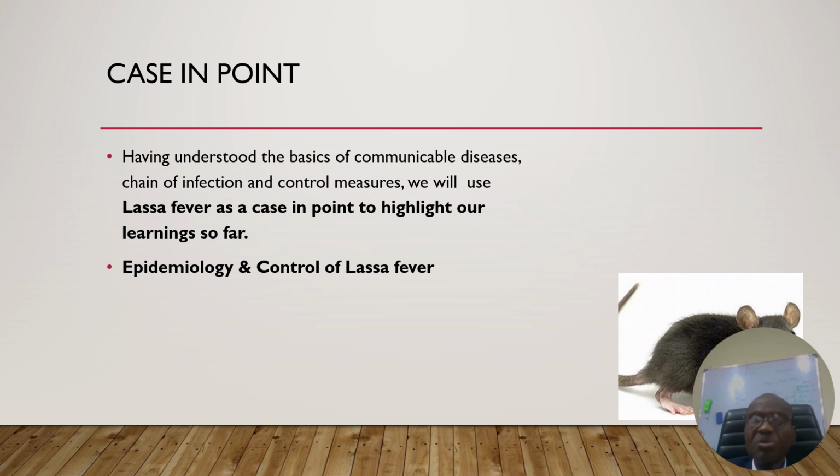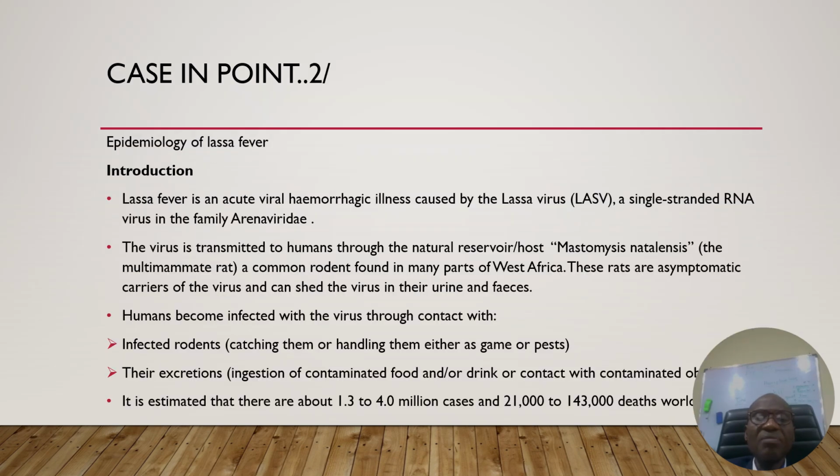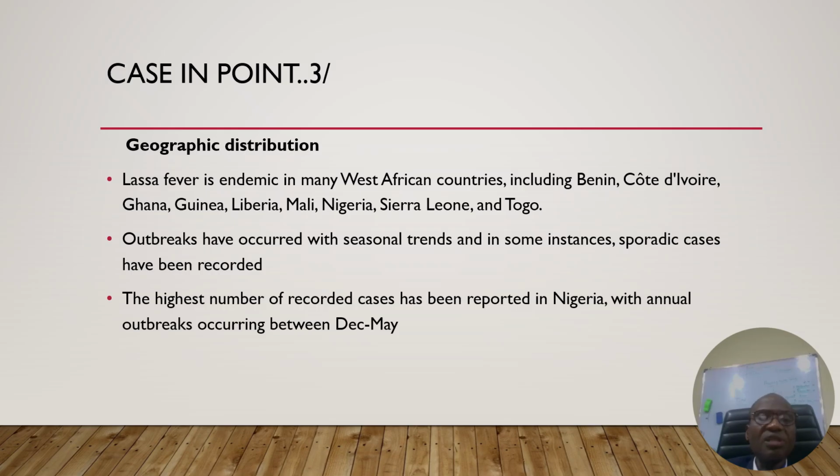And after transmission to man, it can then be transmitted from man to man if there's contact with the secretion or fluid from the victim who is harboring the virus. That's what is shown in this slide.